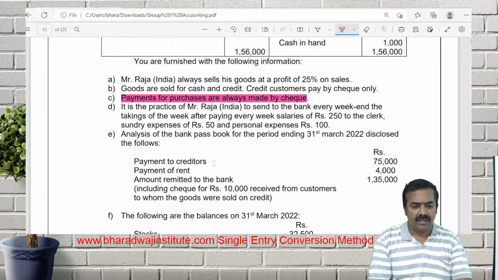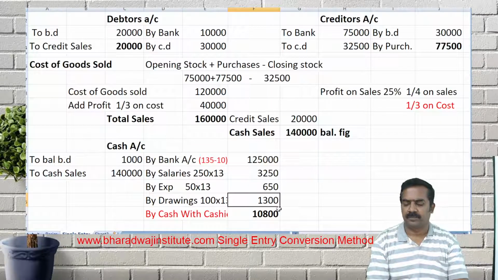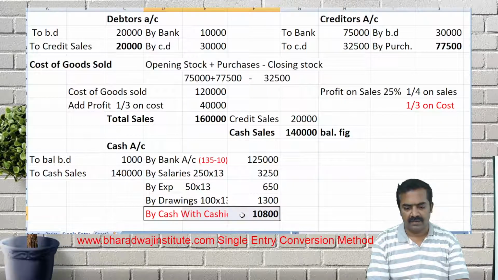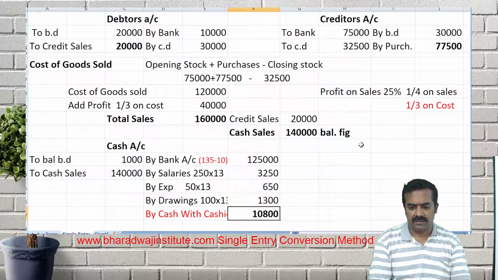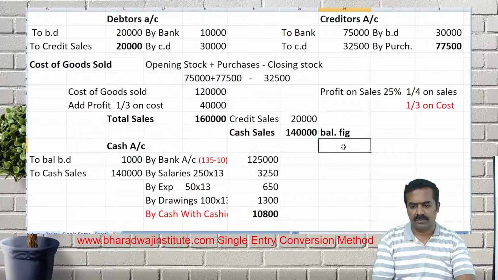If you look at the analysis of the bank passbook, which is separate, these expenses are paid in what? Cash. Then which account? Start the bank account.